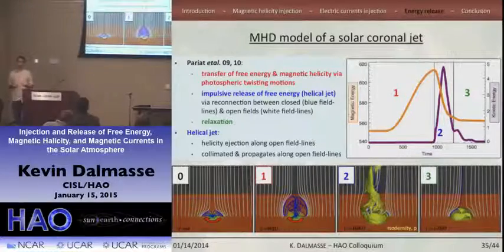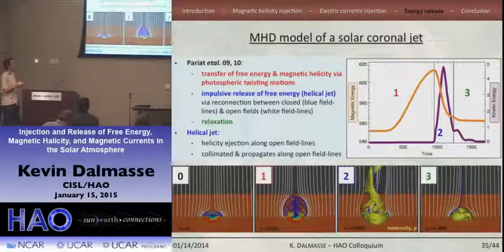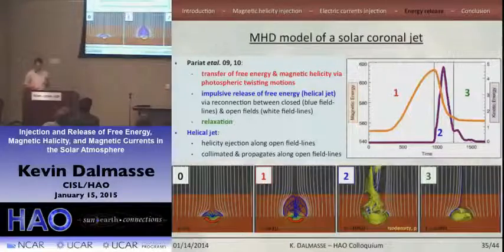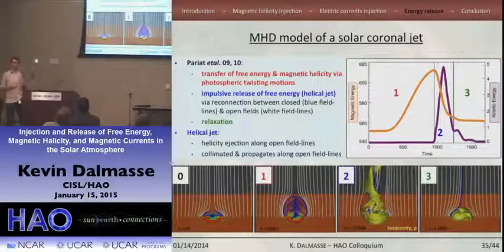Eventually, the system becomes unstable, which leads to the impulsive release of free energy via magnetic reconnection occurring between the blue magnetic field, the closed magnetic field, and the open magnetic field. This impulsive energy release results in a helical jet, and the helical jet is caused by the collimated ejection of magnetic helicity along the open magnetic field lines.